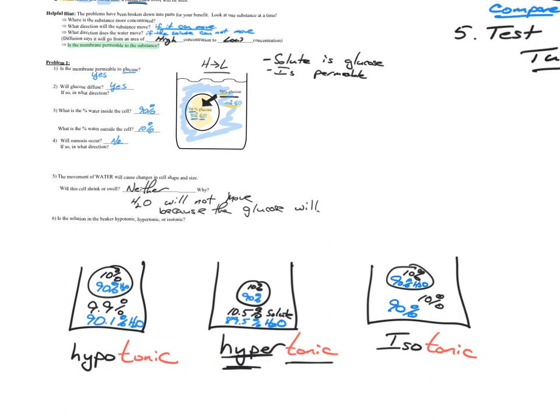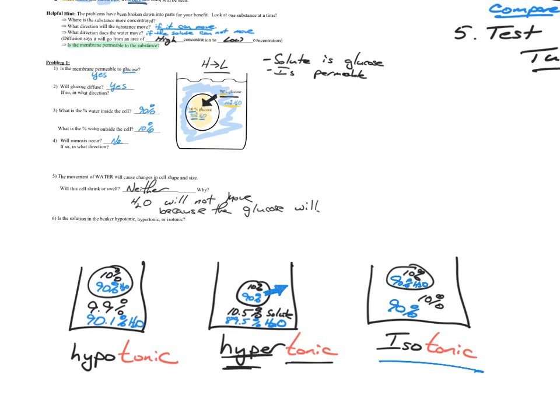And of course, when you have iso, there's no movement. You should note that when you have a higher concentration of solute outside, water's going to move out. You should make a note of that because we're going to talk about that in just a second.